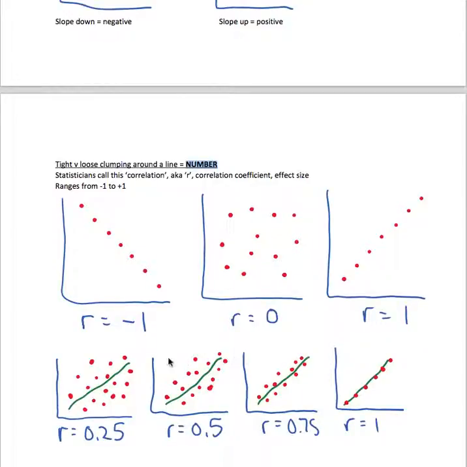And so as you progress from a correlation of 0, positive 0.25, positive 0.5, positive 0.75, positive 1, those data points become closer and closer to our imaginary regression line. And so this number, the correlation number that goes along with this, really represents how close the data points are to the line.